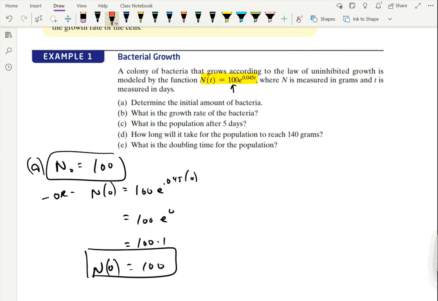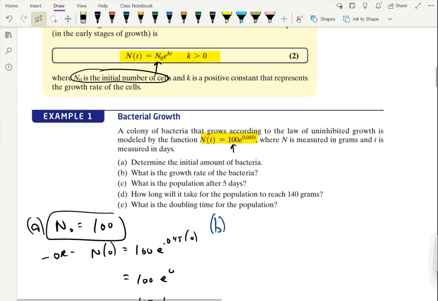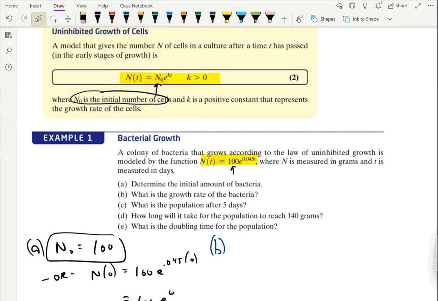On letter B, we end up with a very similar item. What's the growth rate? If we look back at our yellow box, k is a positive constant that represents the growth rate of the cells. So this number in front of the t is going to be our constant growth rate.